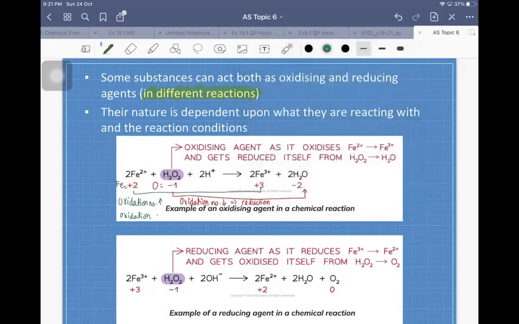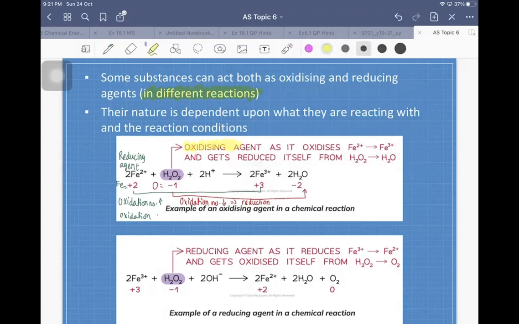Itself is being oxidized, so it acts as a reducing agent or a reductant. Whereas H2O2 is being reduced, therefore H2O2 is an oxidizing agent. But my focus is, I forgot about this example. Actually, I was trying to show you H2O2 acting as a reducing agent.